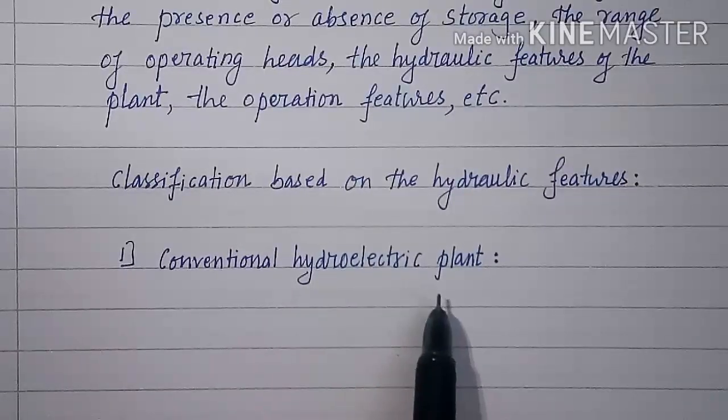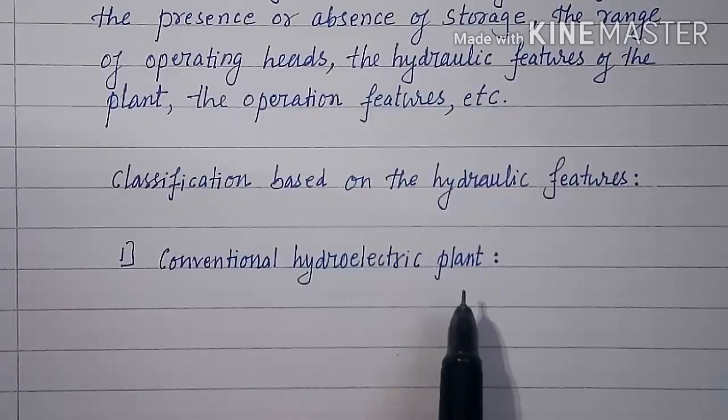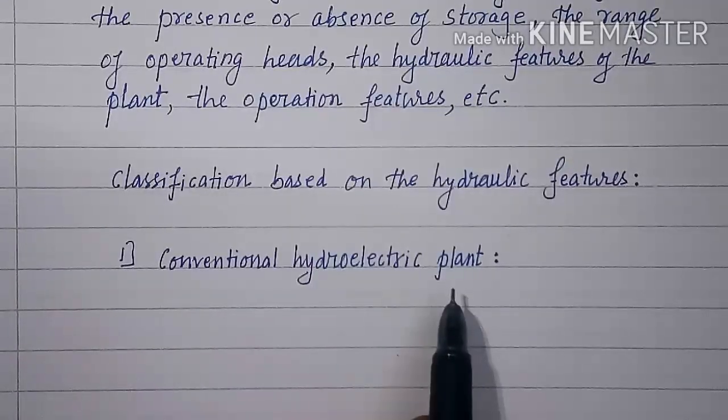In these type of plants, the hydraulic energy of the flowing water of rivers is converted into electrical energy. Such type of plants may have dam or they may not have dam for storage of water.